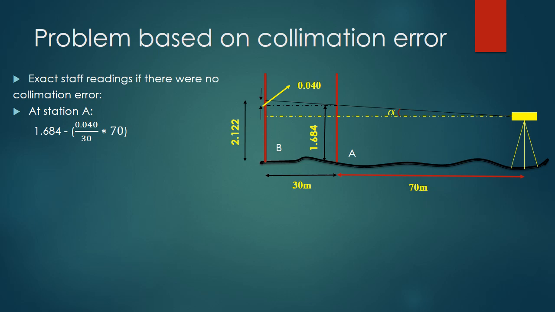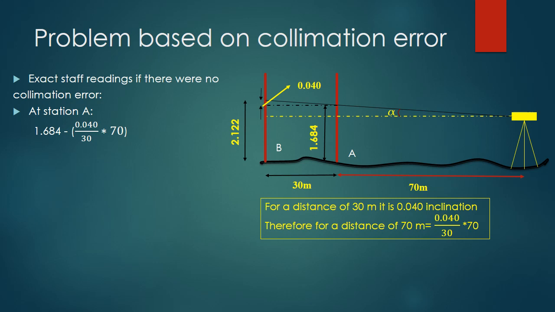So how does this value 0.040 divided by 30 into 70 come up? Let us see. For a distance of 30 meter, the error amount was around 0.040. However, for a distance of 70 meters, it will be 0.040 divided by 30 into 70.